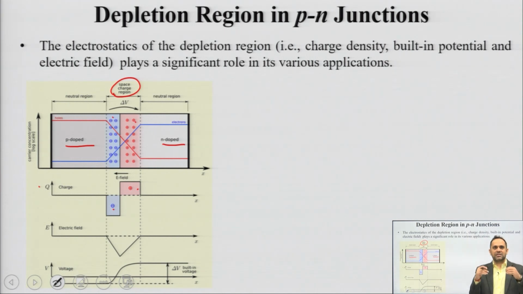Whatever electric field is there is in the depletion region, and the maximum magnitude of electric field is obtained at the junction, at the meeting point. Similarly, the potential is constant in the p side and constant in the n side, and it has a gradient from negative potential to positive potential, from p to n.